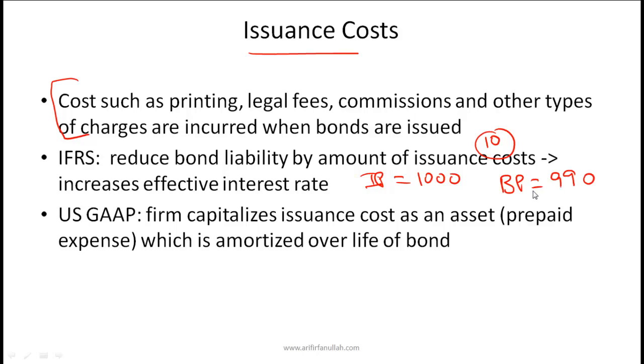So we record the liability as the net proceeds, these being the proceeds from the issuance minus the issuance costs. As you will notice with a discount bond, this increases the effective interest rate. US GAAP says that firms can capitalize issuance cost as an asset, which is essentially a prepaid expense, and this is amortized over the life of the bond.